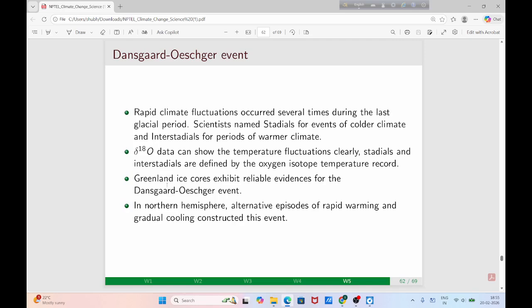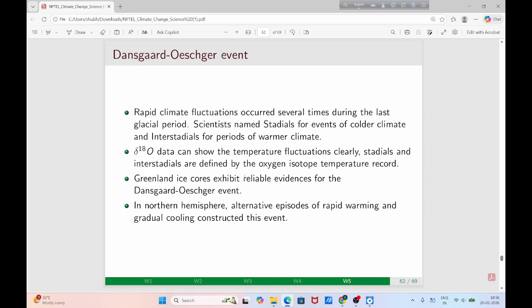There are sources, let's say Greenland ice cores or Antarctic ice cores, or from different lakes. But the takeaway is that the fluctuations occurred several times, I think 25 times or so, within the ice age.